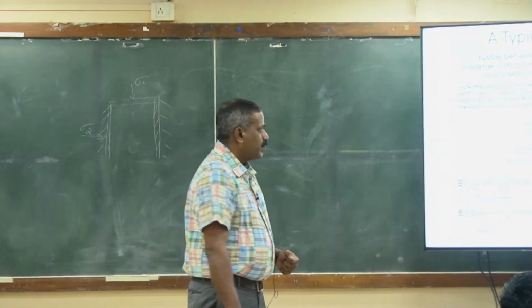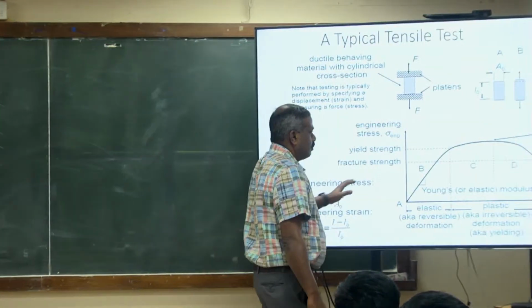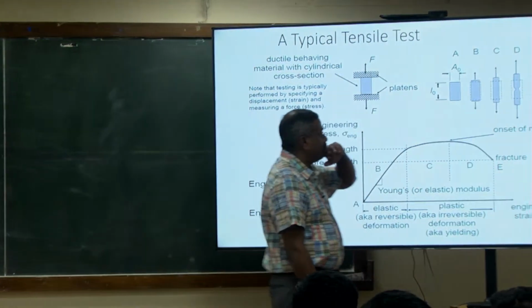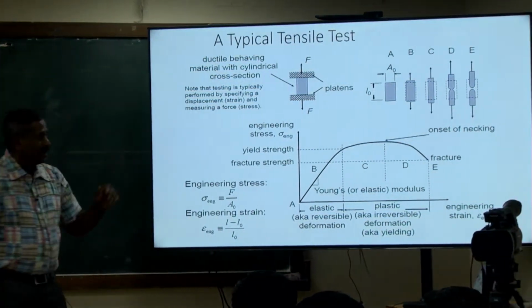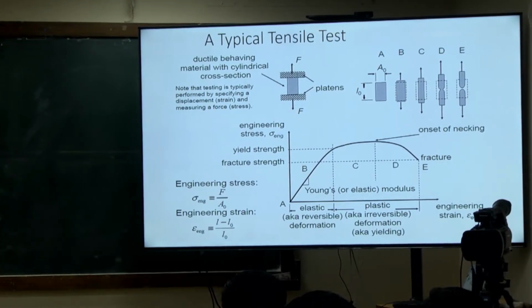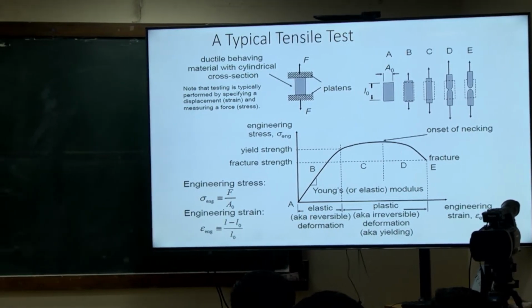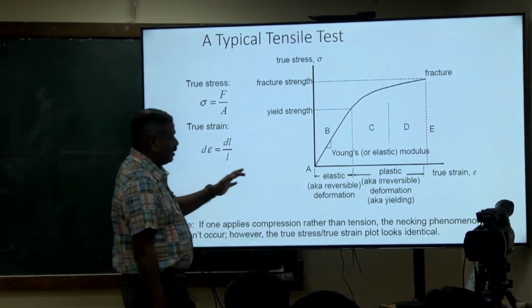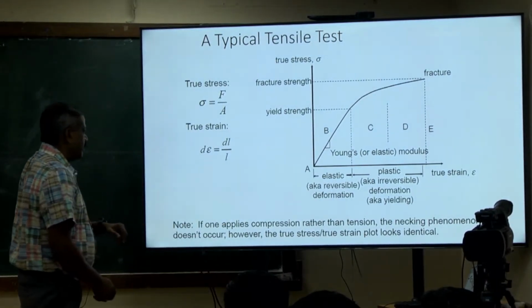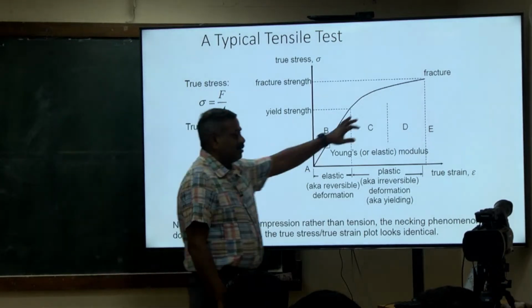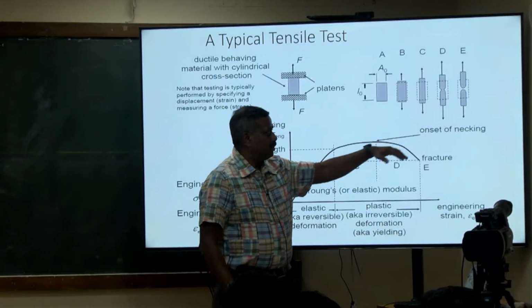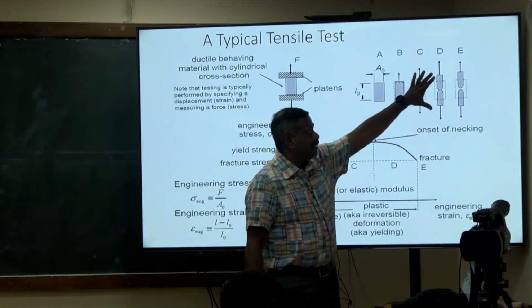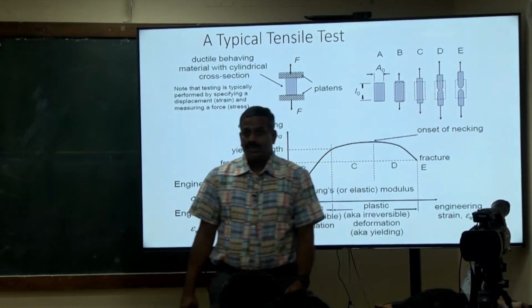Okay. So this is the process we see when you are applying a tensile load, or pulling it apart. But if you are applying a compression load, in general, you might not see a necking phenomenon, right? Instead of pulling it, when you are compressing it, you may not see necking.